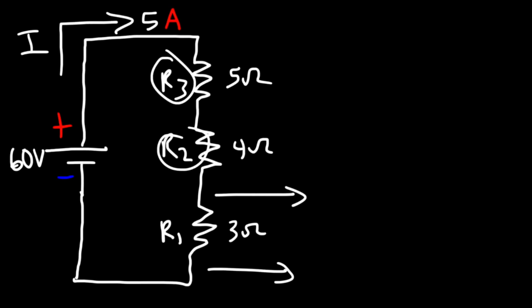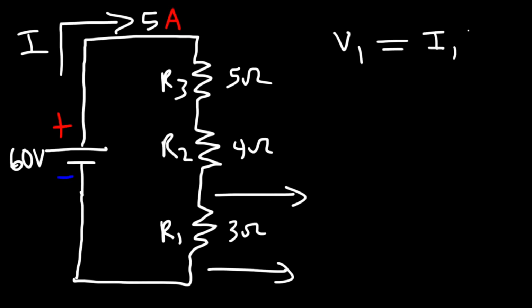Because it's only one path for the current to flow, it's going to be the same, 5 amps. So to find the voltage across the first resistor, we can use the current that flows through the first resistor times the resistance value of that resistor. So we're using Ohm's law, but in a different way. I1 is going to be the same as I, because that 5 amp current is flowing through each resistor.